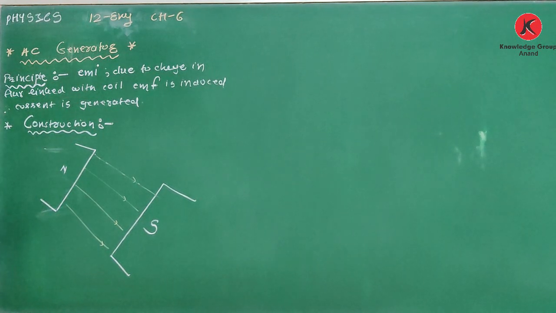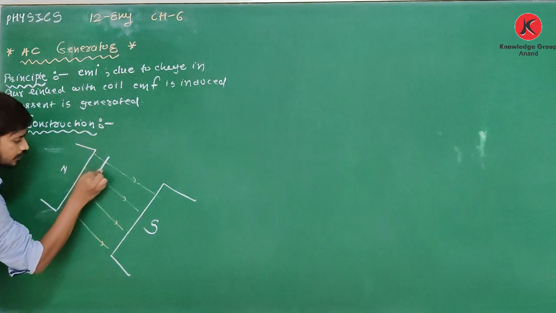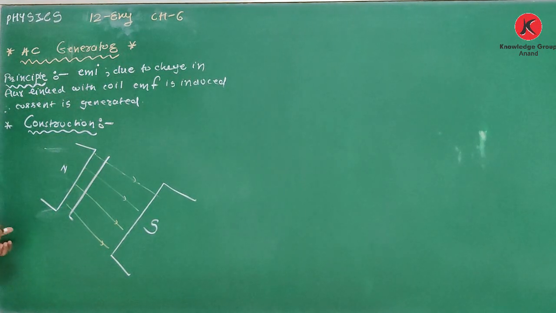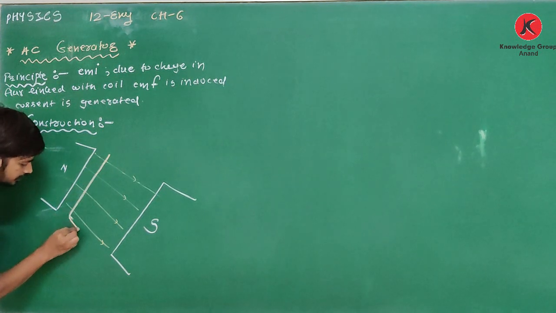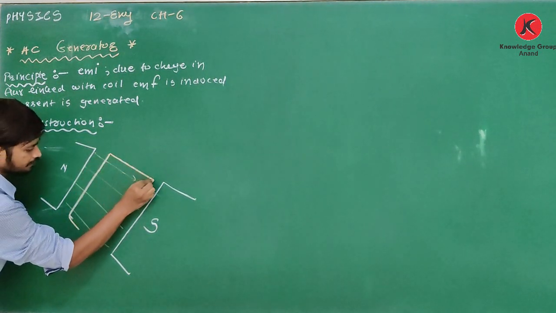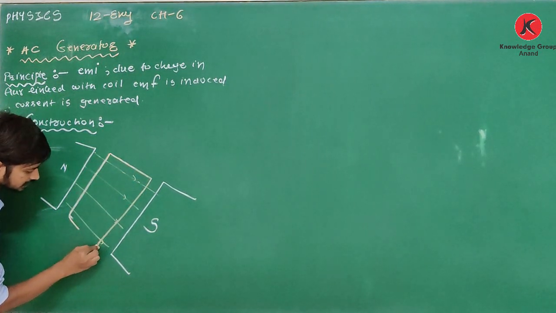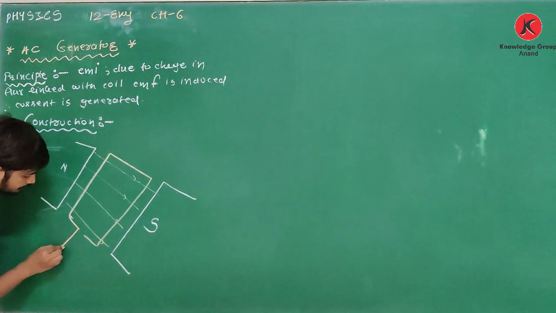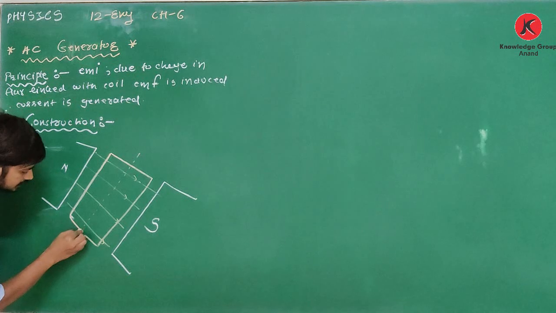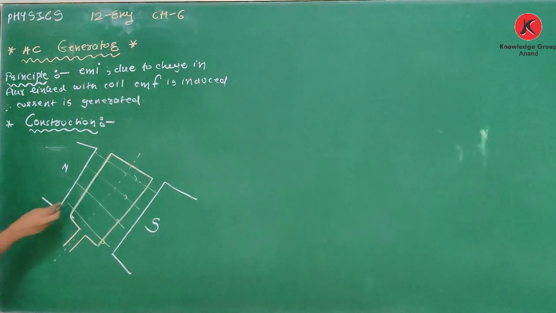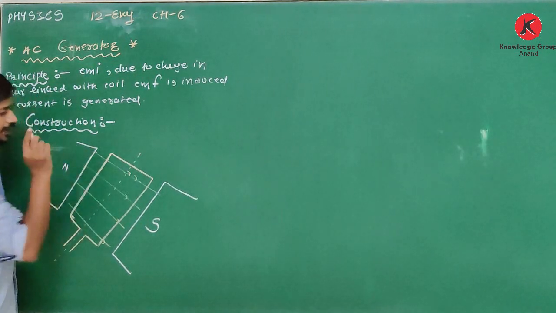Clear about this? Now in this region, one coil is placed such that its axis of rotation is normal to the magnetic field.